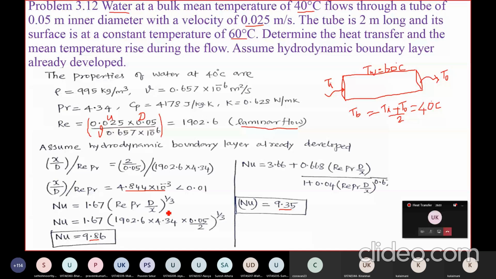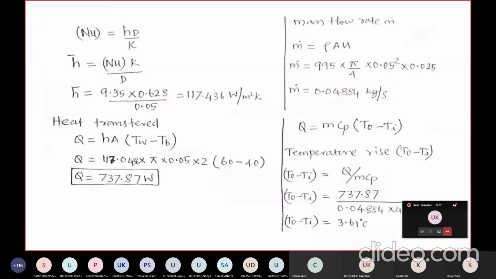Once you know the Nusselt number, the question is to determine the heat transfer and mean temperature rise. If you want to find the heat transfer, you need the convective heat transfer coefficient. What is the formula for Nusselt number? Nusselt number is equal to h d divided by k.